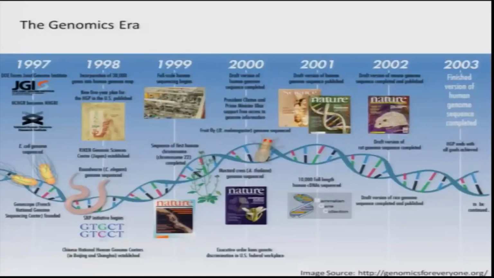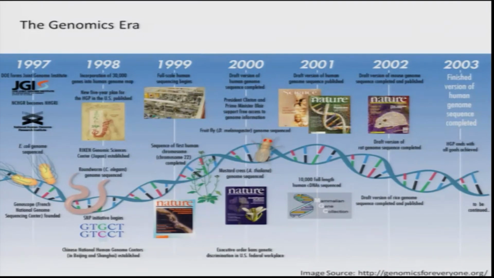Then came the genomics era, 1997 to what you see now. A large number of genome sequences are made available. So you have, for example, many initiatives that came. The E. coli genome, one of the common bacteria that is present in your gut, was sequenced, and then there are other centers which started sequencing other models.